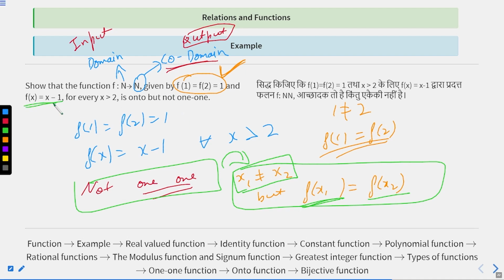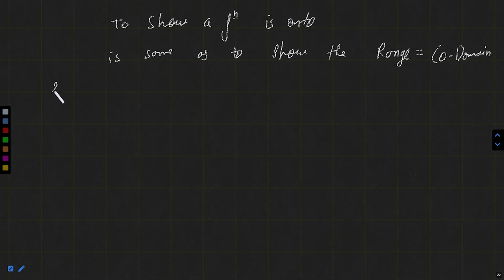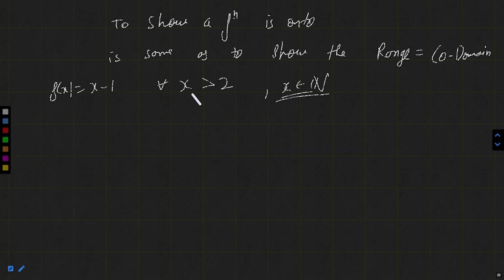Let's begin. f(x) = x - 1 for every x greater than 2, and x belongs to the natural number set, so x can be 3, 4, 5 till infinity. Now, if you recall how we start with this, we first of all take f(x) equal to y.